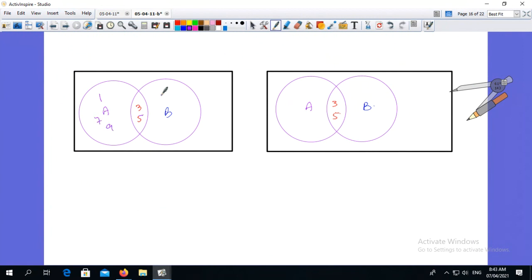And set B consists of 2, 3, 4, 5, and 8. And the remaining numbers are the numbers of the universal set. Universal set consists of 1 to 10, so 6 is missing and 10 is missing. So I write here 6 and 10.